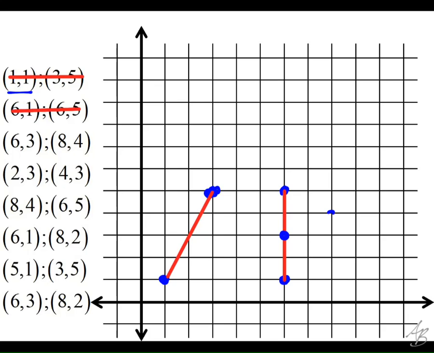So we get this point right here. And so that's going to be that line. I got that one done. All right, so then 2, 3, I'm going to go right 2 and up 3. Right there. And 4, 3, I go right 4 and up 3, and I get the point right there.